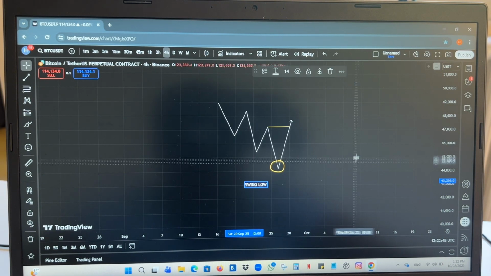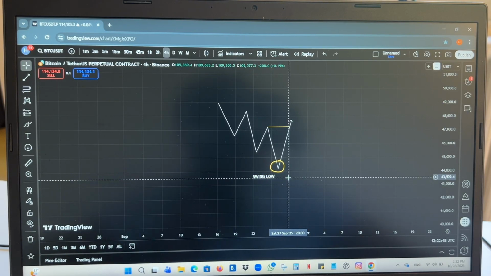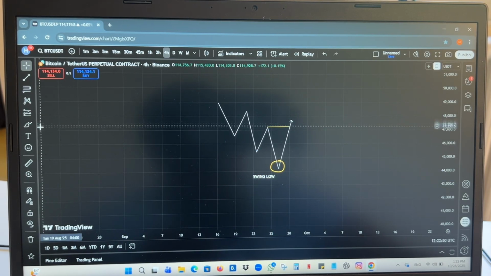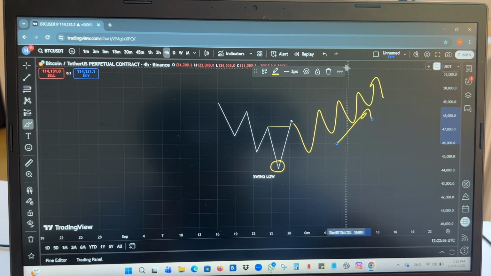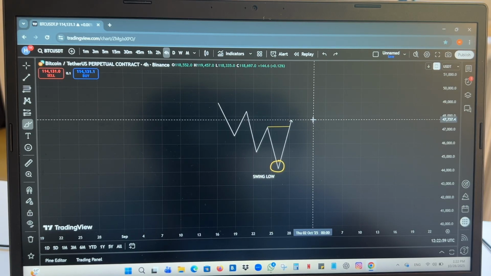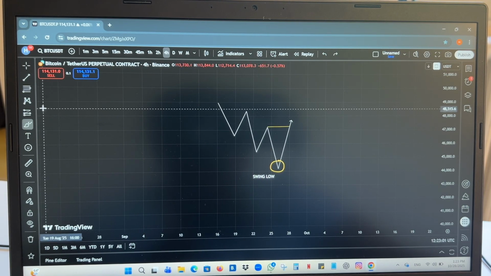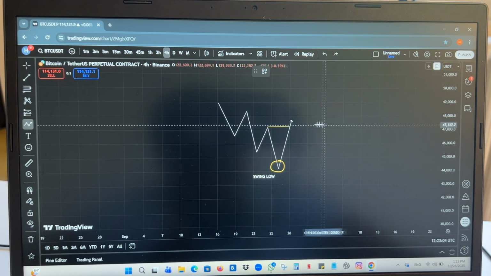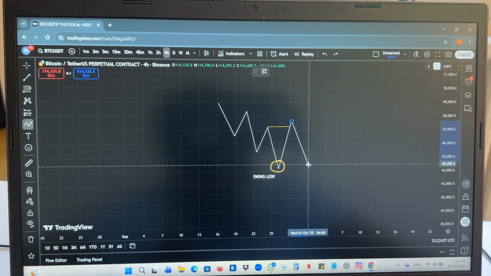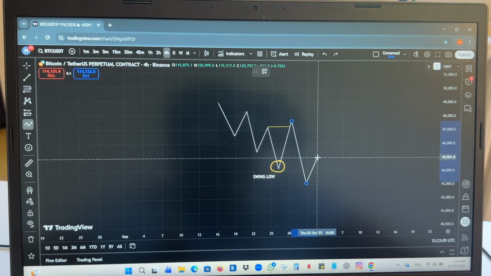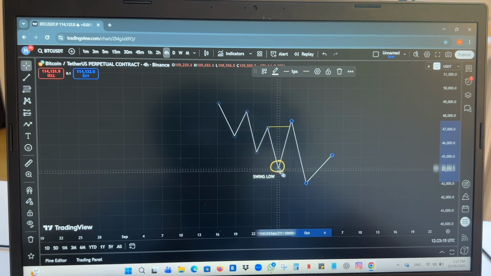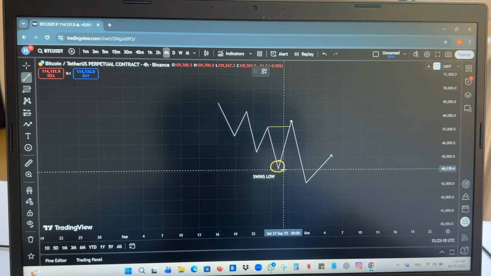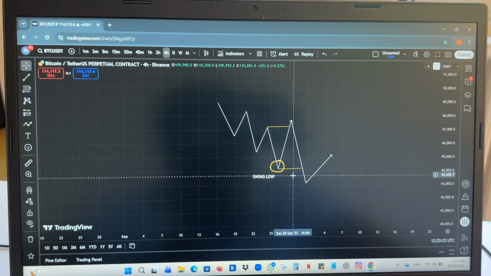You have a confirmed swing low here, but the market can actually just keep on going, making higher highs, higher lows, and shift into an uptrend. But if you are looking for a BOS, you need to wait for the confirmation of the downtrend, and there you go. Let's say it confirmed, and once it hunts this swing low, just draw a straight line from the wick itself or the body itself.